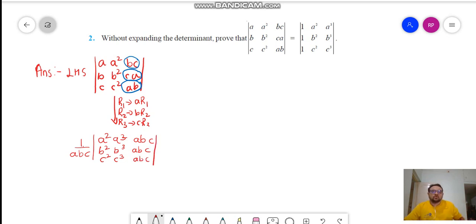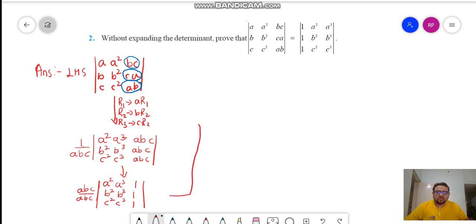Now what I can do, I can take abc common from column 3. So it will be a square, a cube, 1; b square, b cube, 1; c square, c cube, 1. Okay, so I got this determinant.